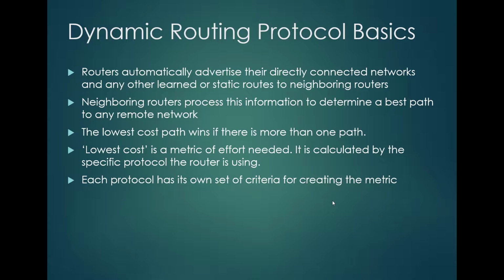Like an example, if we're using Google Maps, or whatever mapping program you're using, sometimes they may give you alternate routes to choose from, and then you're going to pick the route that you feel is the best choice. Well, we can do the same thing. We assign metrics or values to each route. So directly connected has a value, static has a value, and the different routing protocols have their values.